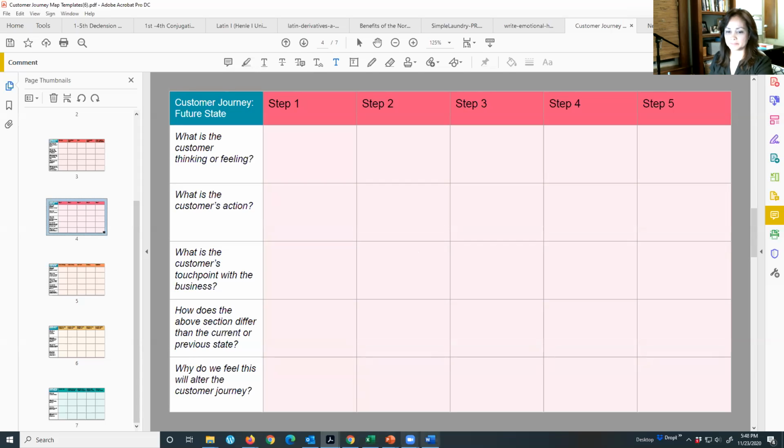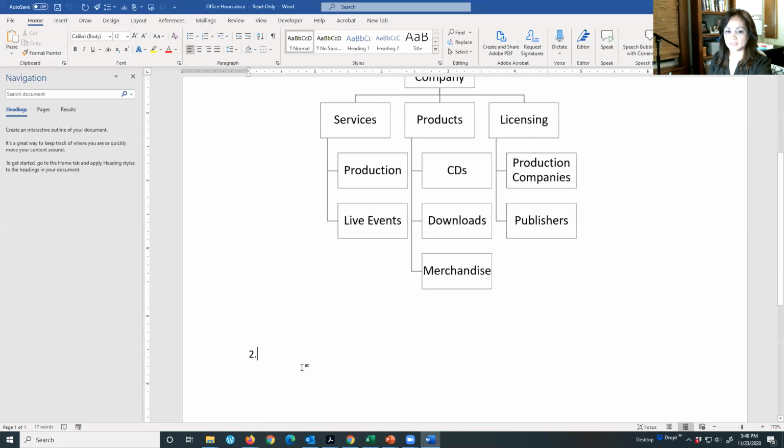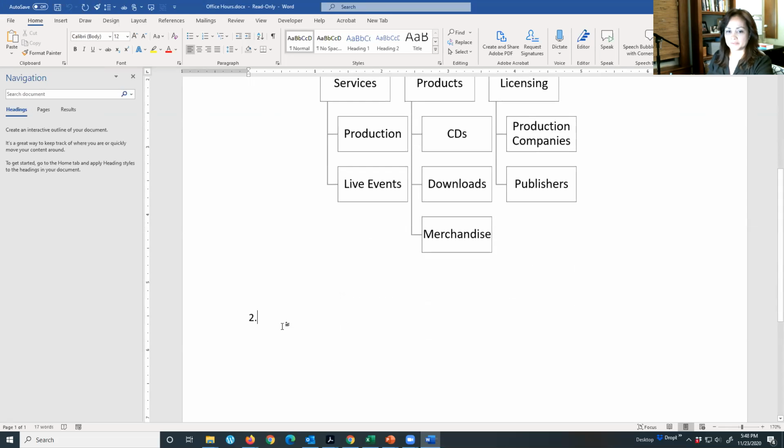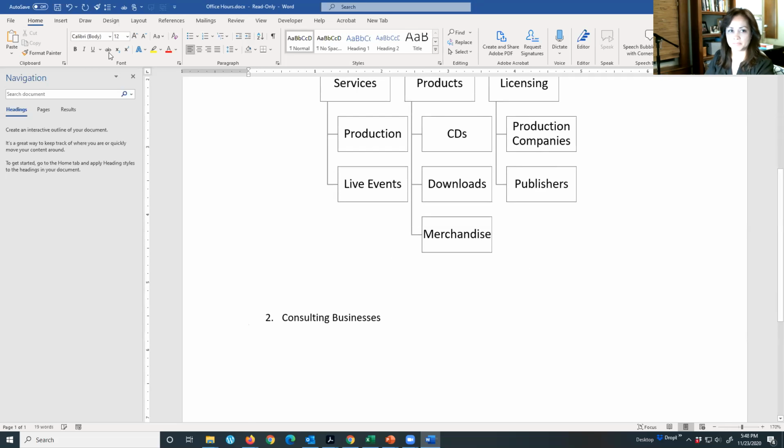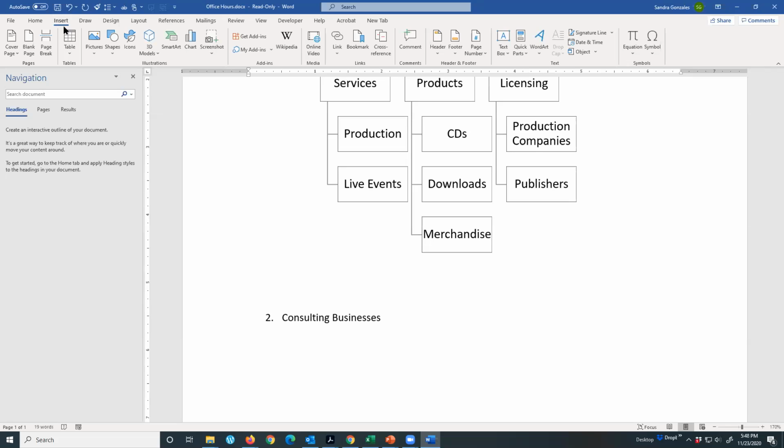Let's go back. Let's map out some of the different revenue drivers. So we're going to do the consulting businesses. Okay, there's quite a few of you in this one. So a lot of it is very similar to what we have up here, but I just want to make sure that we cover it so you can see it, and then you can just change it for your needs.